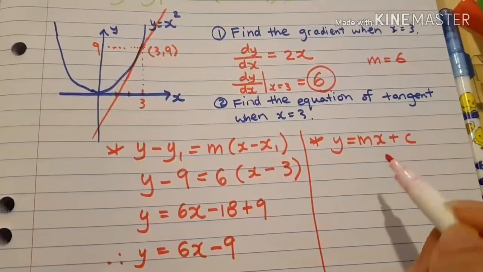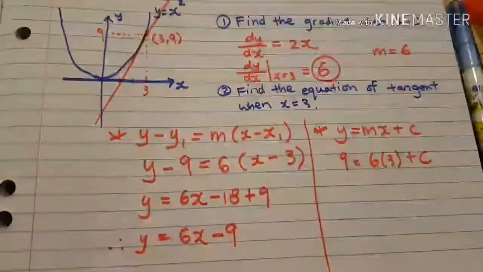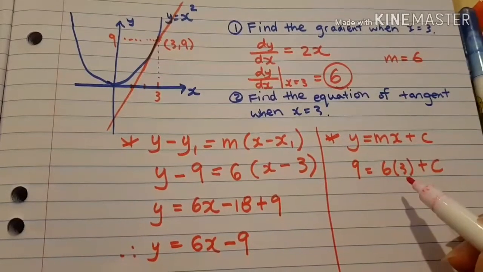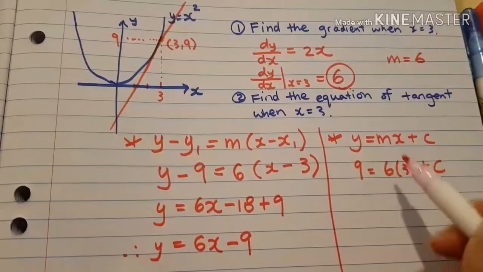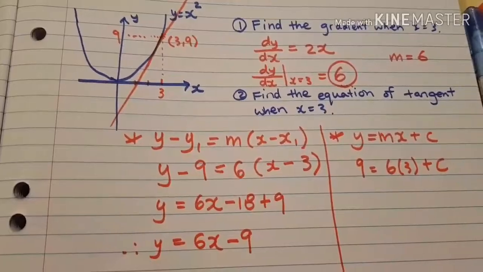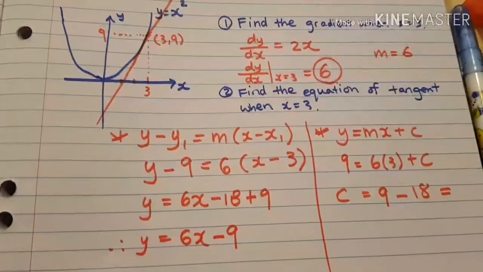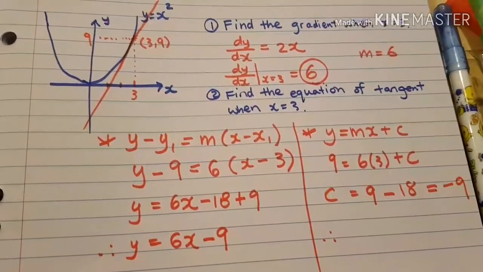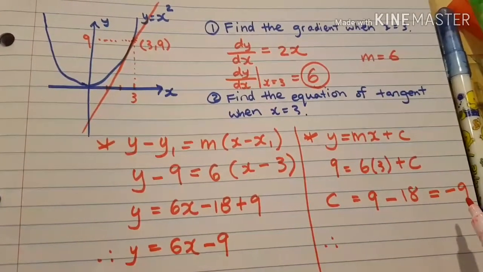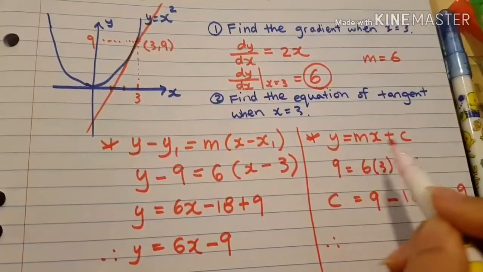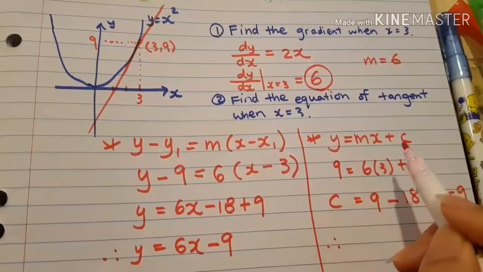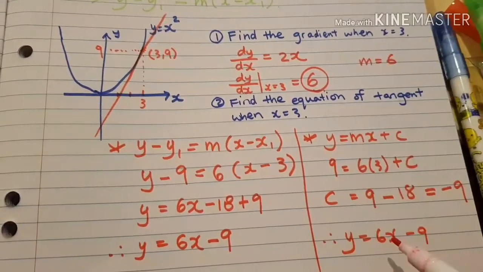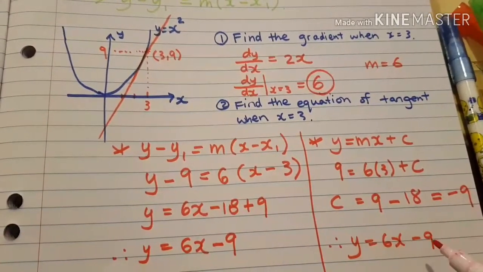So instead of y, it's going to be 9, m is 6, x is 3. I rearrange to calculate the value of c, and if you calculate it, it's going to be -9. So we found that the c value is -9, and we substitute back to find the equation of the tangent. There you go, m is 6, c is -9.